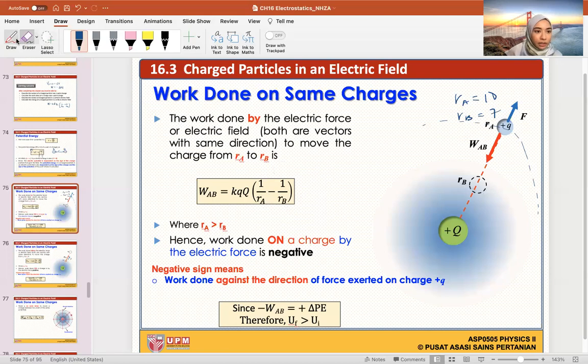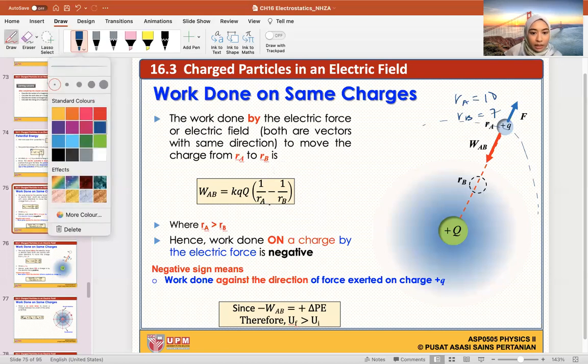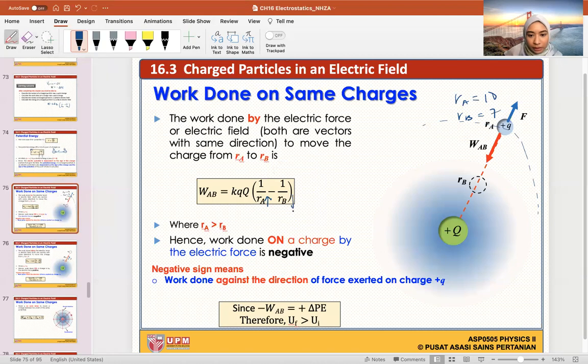Okay, let me try again. So if RA is greater than RB, and let's say this is 1 over 10 and this is 1 over 7, 1 over 10 is 0.1. 1 over 10 minus 1 over 7 will give me a negative.